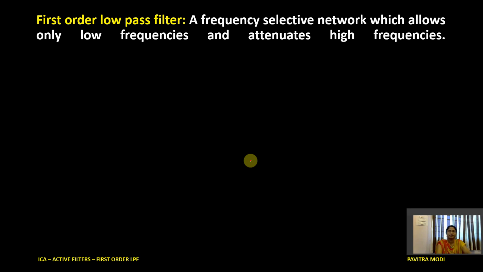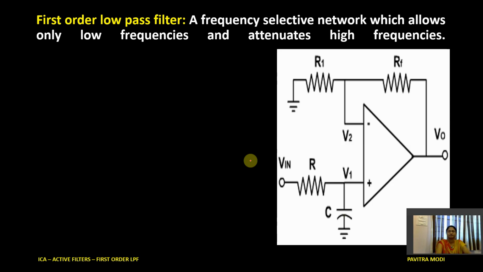One more point with respect to first order filters is that the roll-off rate in the stop band is 20 decibels per decade only. These are all the features of first order filters.